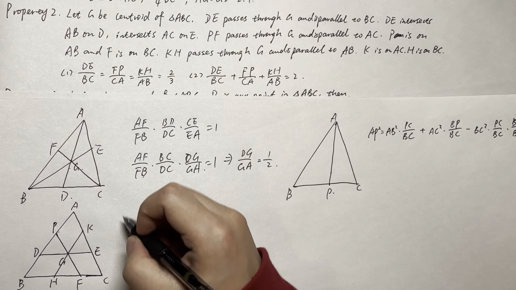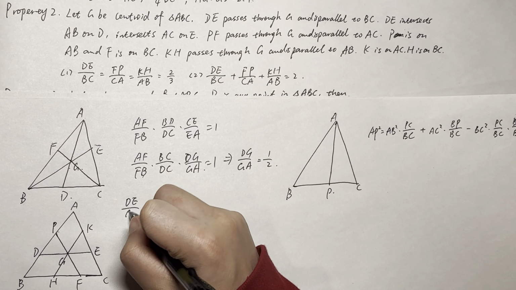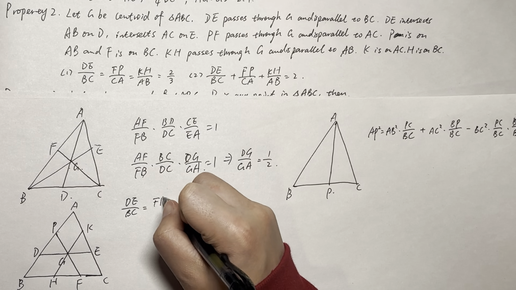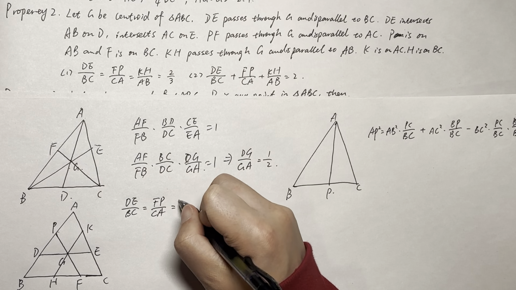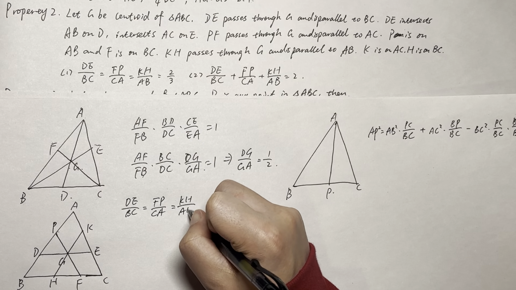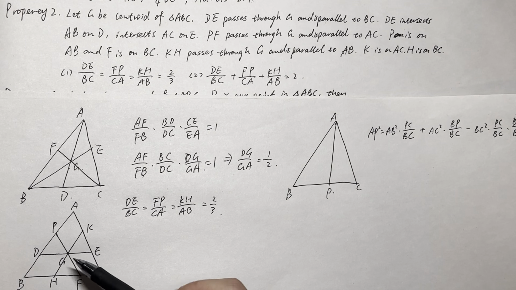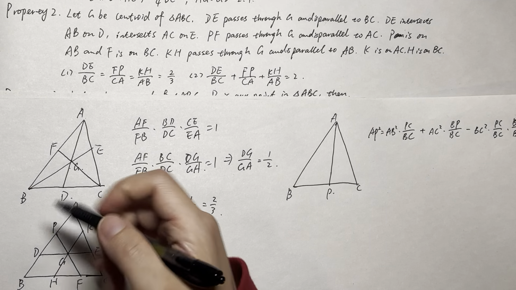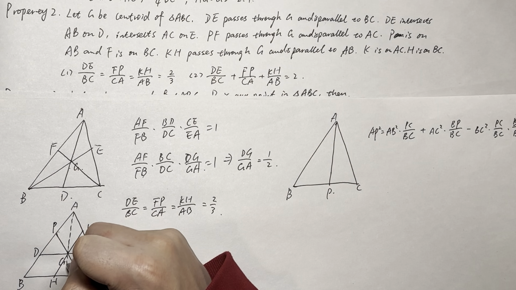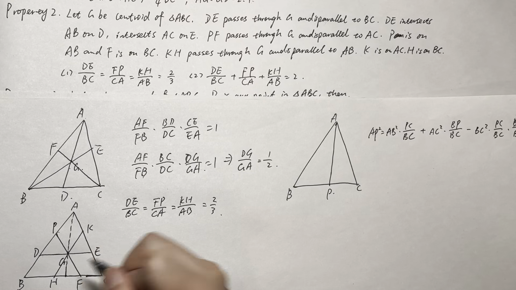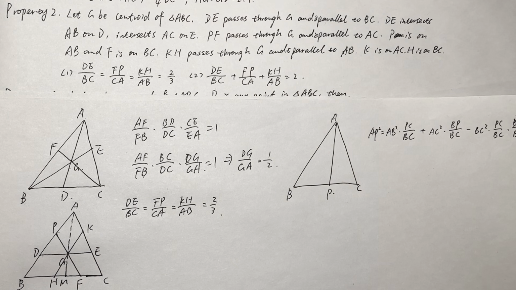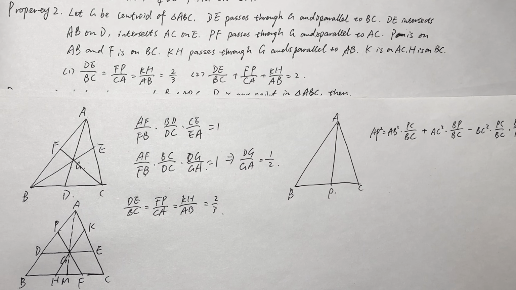So we want to prove that DE to BC equals FP to CA equals KH to AB equals 2 to 3. We already know that G is the centroid. So we connect AG, and M is the midpoint of BC.